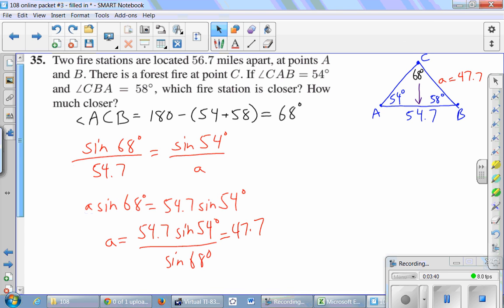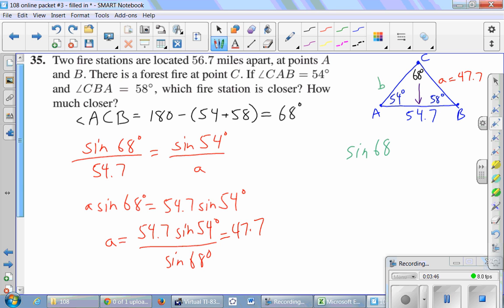Okay, and in order to find side B, I'll put this one here in green. It's the same game. Again, I'll go back to the original numbers that I had. I had that pair, so I'll use that again. Sine of, in this case, 58 degrees divided by the length of side B. Cross multiply. Divide by sine 68.